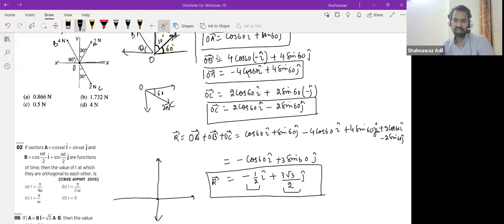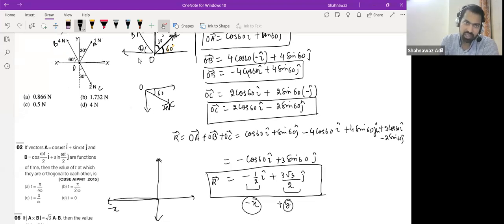You see that this is negative of x and this is positive of y. So which quadrant is this? Yeah. This is negative of x and positive of y.